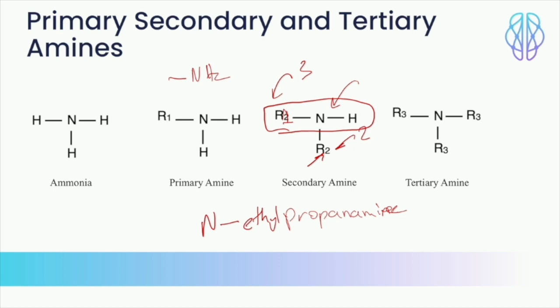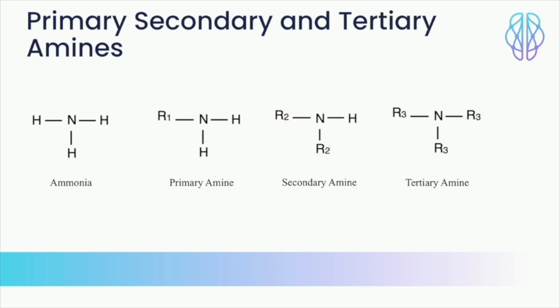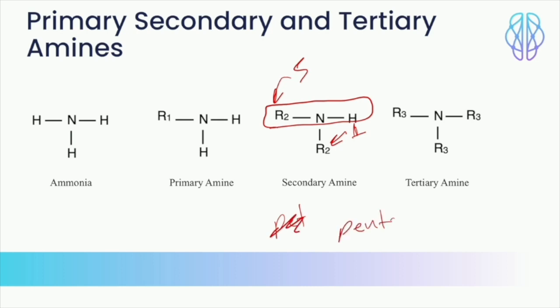I'll go through another example here. So say this was 5 long and this is 1 long. Again, we name the longest chain first. So this would be pentanamine, and that would be N-methyl pentanamine.